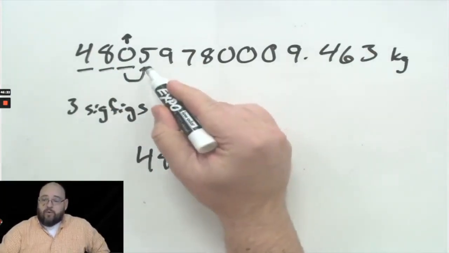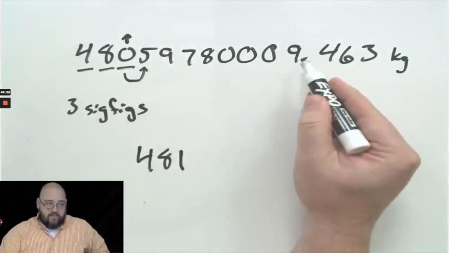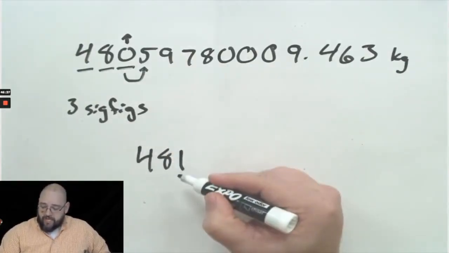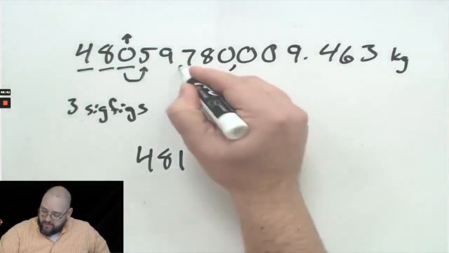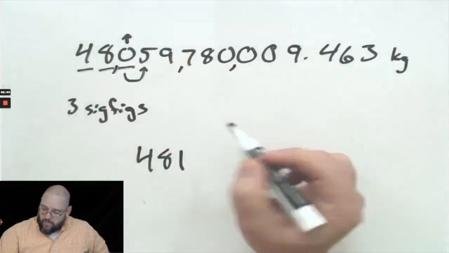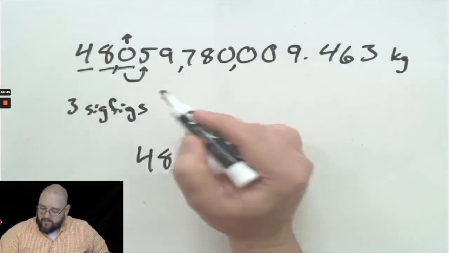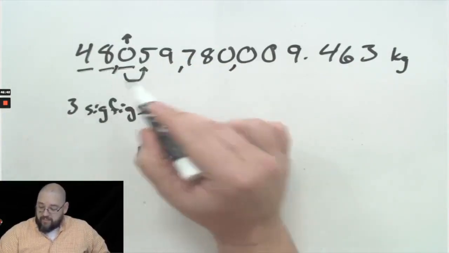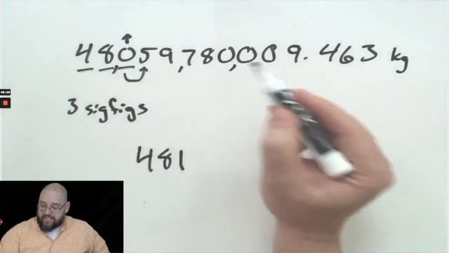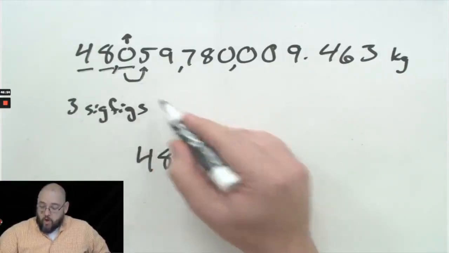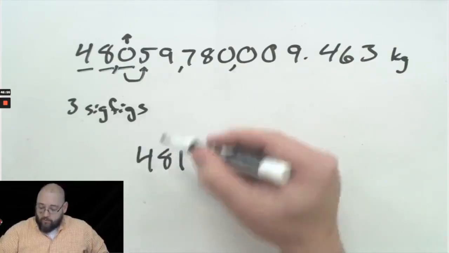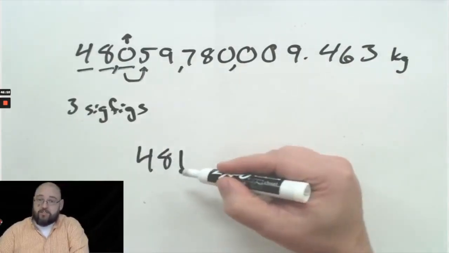Now I need to decide what to do with all of the rest of this. If I just write 481, again, think of this as your paycheck. This is 48,059,780,009. If that's your paycheck, all of these spaces matter. If I round this to 3 significant figures, yes, this is 3 significant figures.